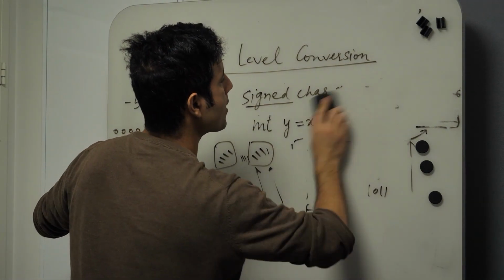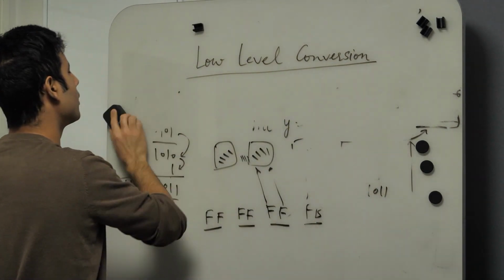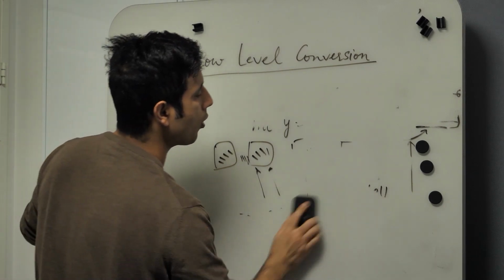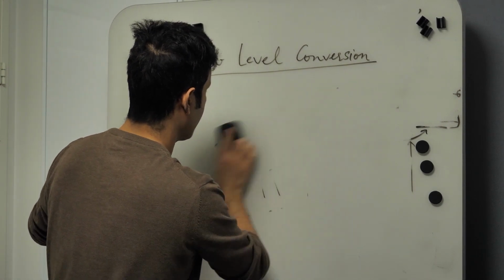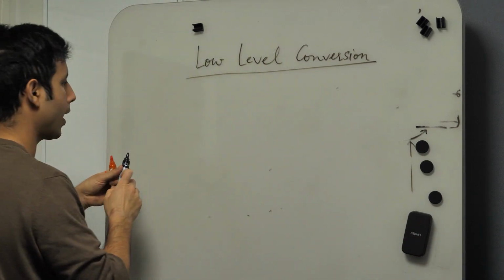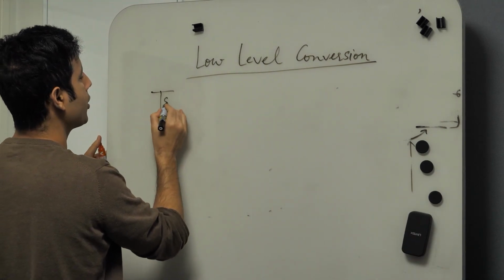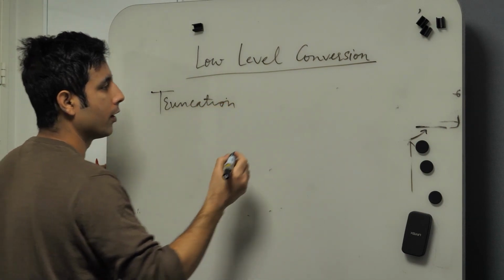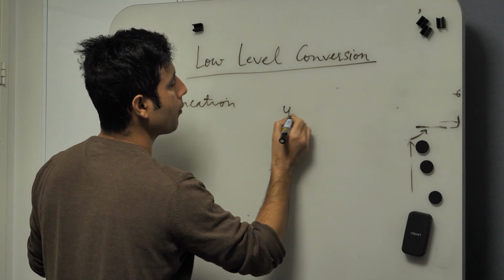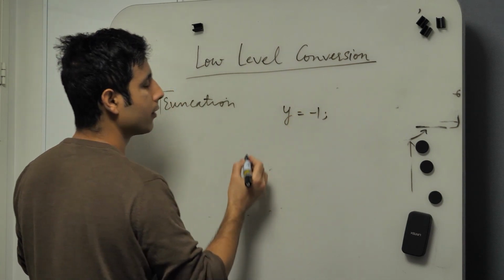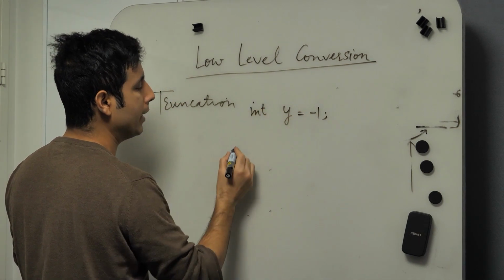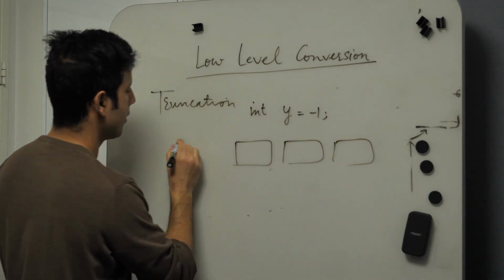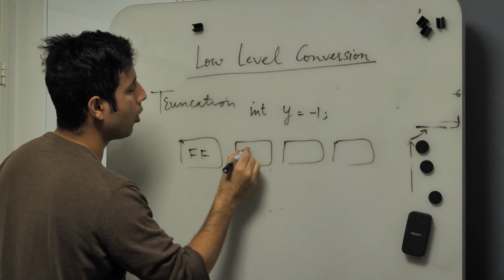Now there is another side to it. What happens if you put a bigger data type into a smaller data type? That is called truncation. Of course, truncation is simple. Typically, if you have, for example, -1 as an integer, it would obviously be 4 bytes, all ones.